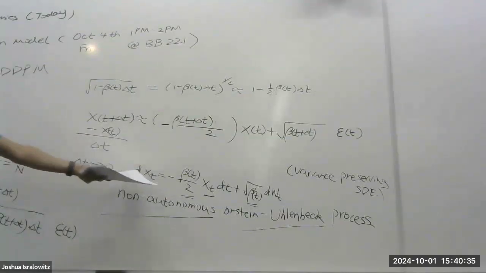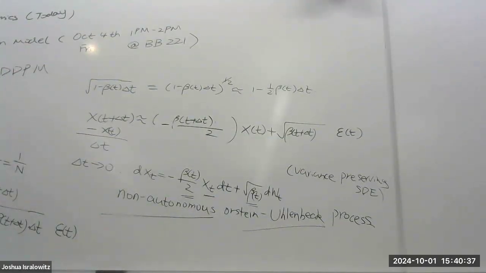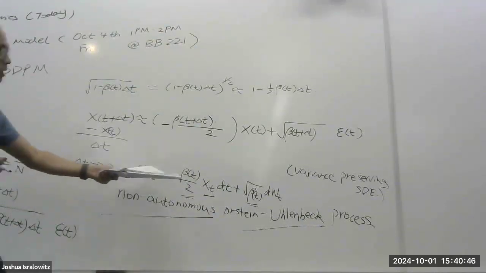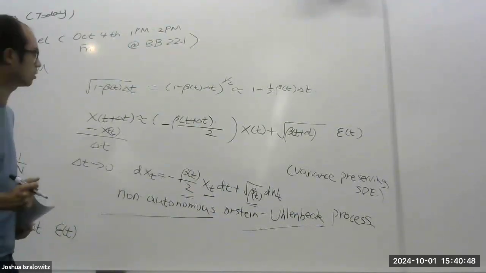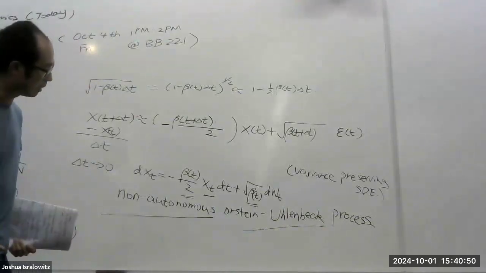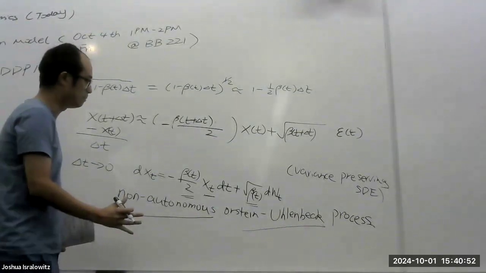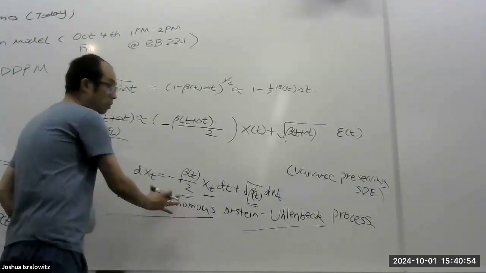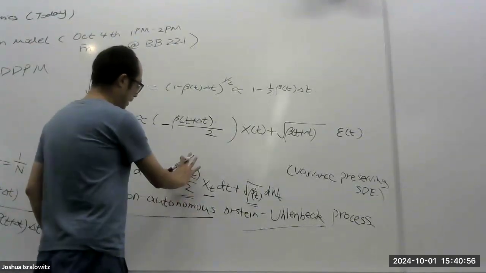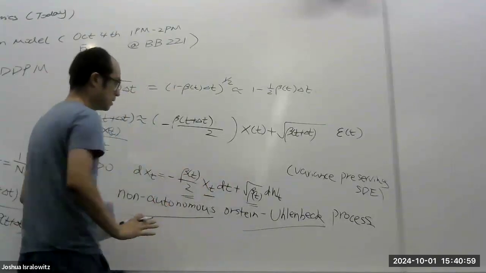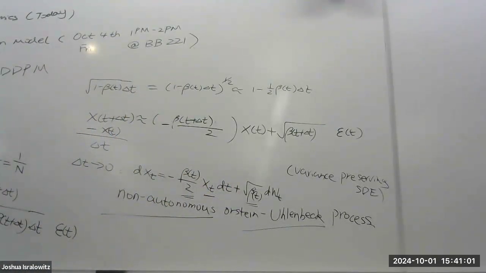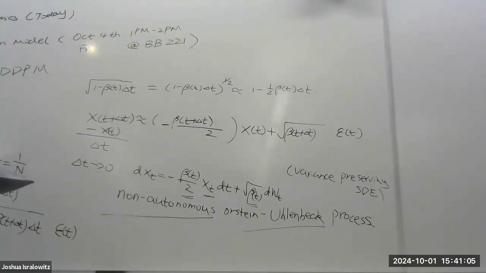honestly speaking, this kind of process is not the mainstream in stochastic processes. If you ask people who work on stochastic processes, they like to work with linear systems, but more like autonomous ones, meaning the right-hand side doesn't depend on time explicitly. That would be much easier to handle.